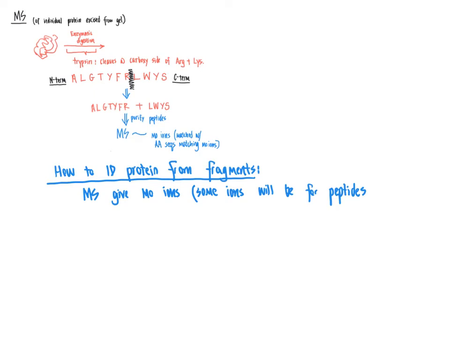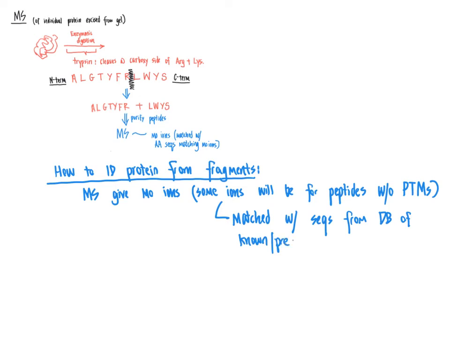So ideally, with some luck, some of those ions will be for peptides that don't have any post-translational modifications, which I'll put in as PTM. And those molecular ions can be matched with sequences from a database of known proteins or predicted proteins from a particular organism.